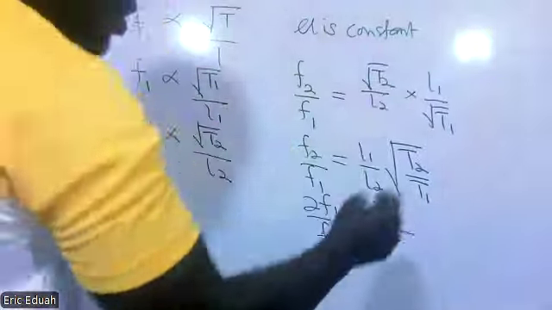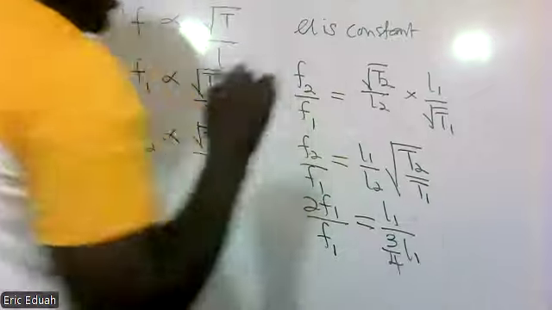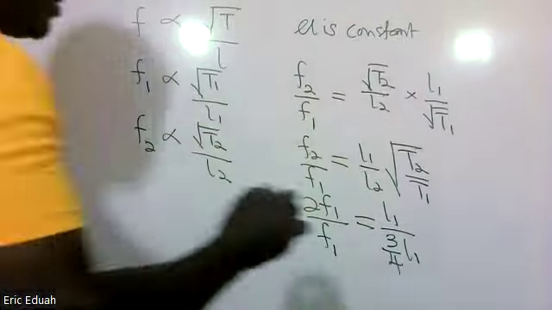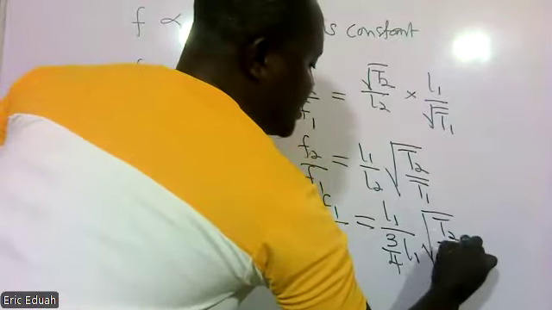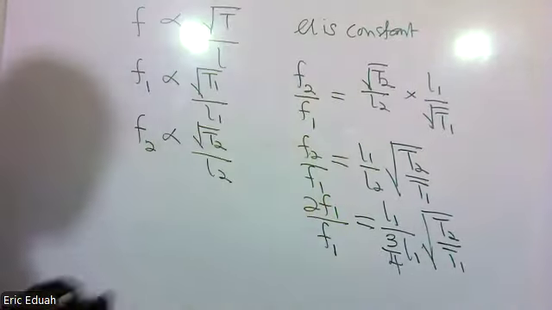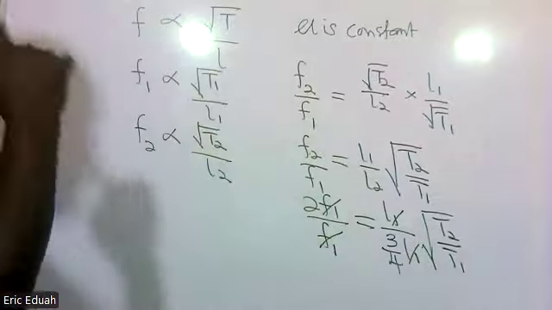So we have 3/4 of L1 times square root of T2 over T1. Now F1, F1, L1, L1.